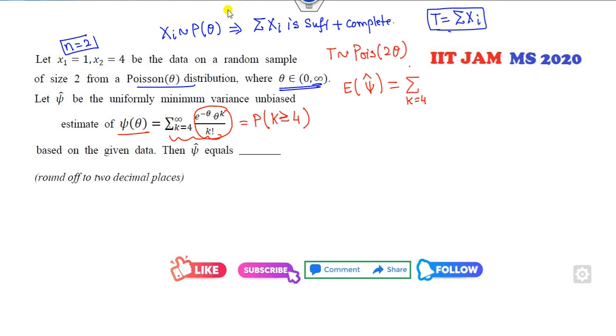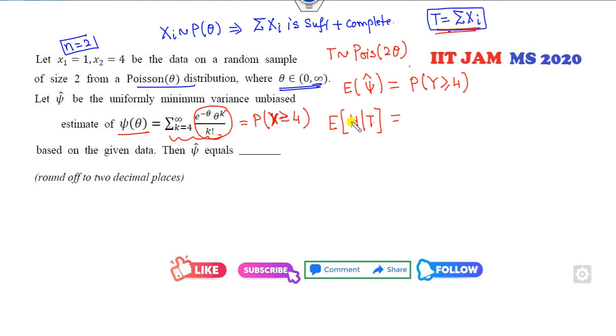So my target is to make this the probability of x. Oh, x is already given, so I call it y. So the probability of y is greater than or equal to 4. Fine. Now a very simple approach is given to you. Again, your target is to identify y given the condition T, where T is my statistic here. Fine.